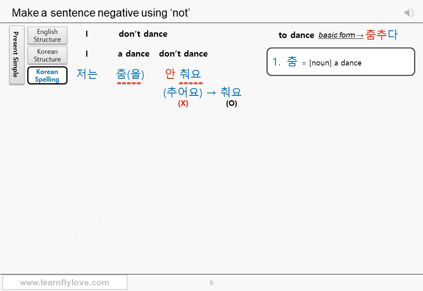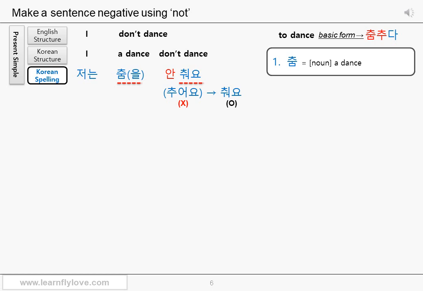Let's make a noun plus verb negative. 춤추다 means to dance. It is a noun plus verb. 춤 is a noun, which means a dance. And 추다 is the actual verb part. I am showing you the noun plus verbs without 하다 in this lesson because they are rare.